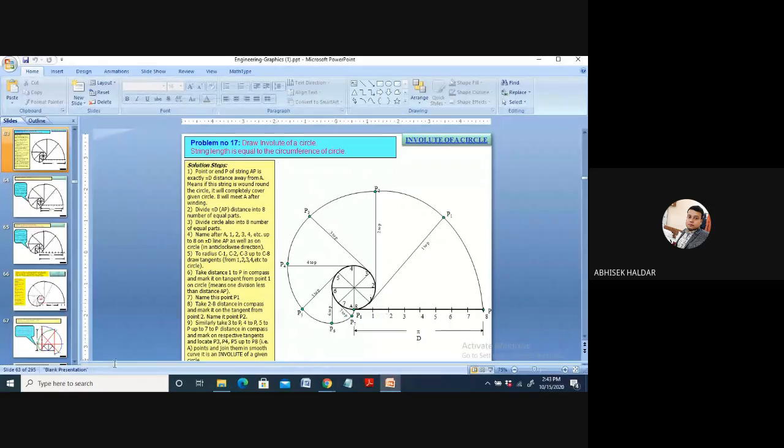Let me just take the pen. So this L is the string length. L may be equal to pi d, where pi d is the circumference, L may be greater than pi d, or L may be less than pi d.